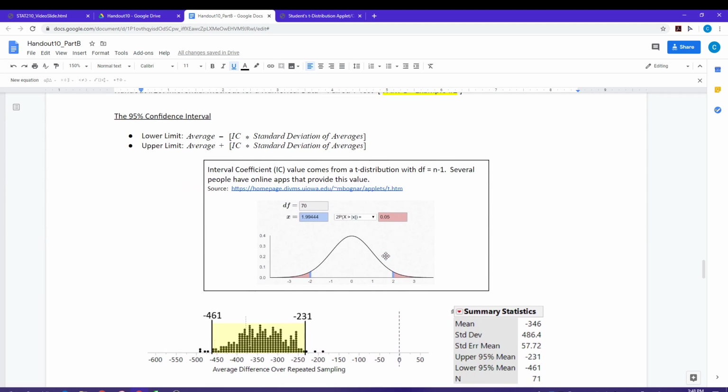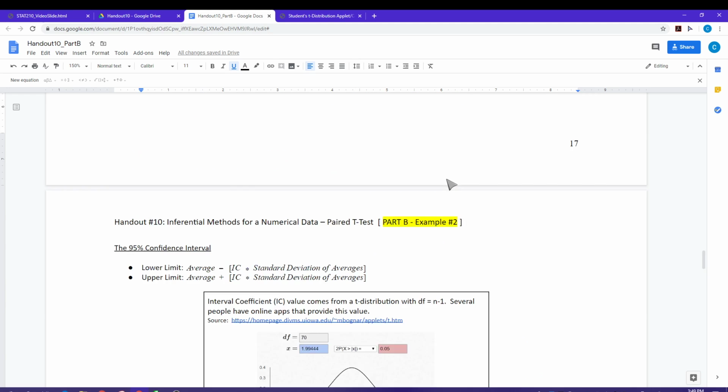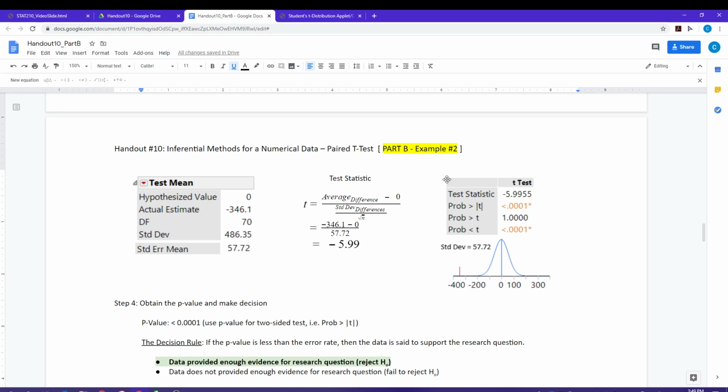Okay, let's move on to the 95% confidence interval. The 95% confidence interval has the following form. We need to compute or obtain the IC value, or the interval coefficient, for that interval. Again, that t-distribution is indexed by its degrees of freedom, which is going to be 70 here. If we go back up and look at our output, I had 70 degrees of freedom. There were 71 observations, so the degrees of freedom value is going to be 70.